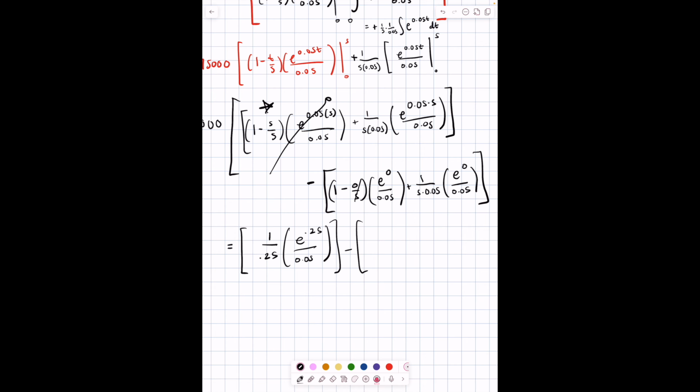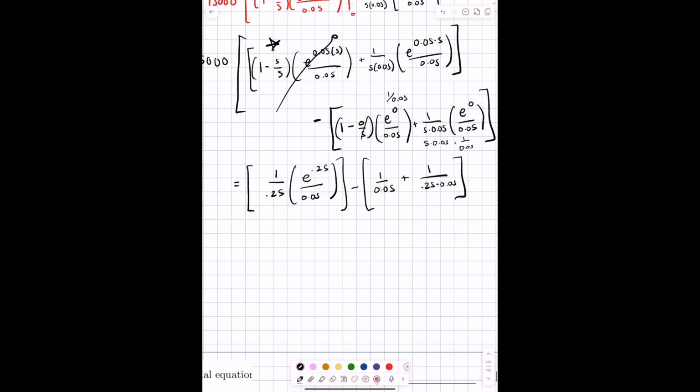This is just 1 over 0.05. And then here we have 1 over 5 times 0.05 times 1 over 0.05, which is 1 over 0.25 times 0.05. So it's a very similar situation to this case.